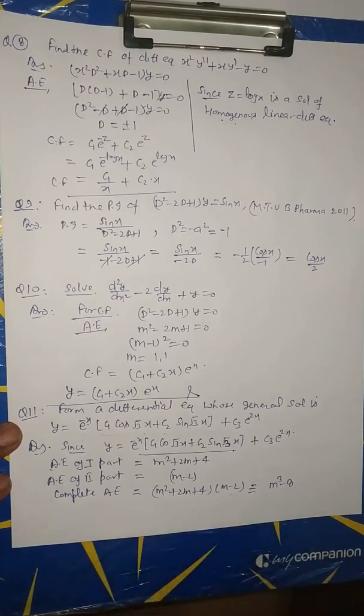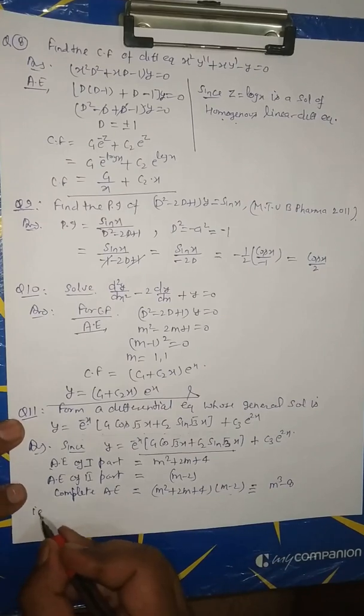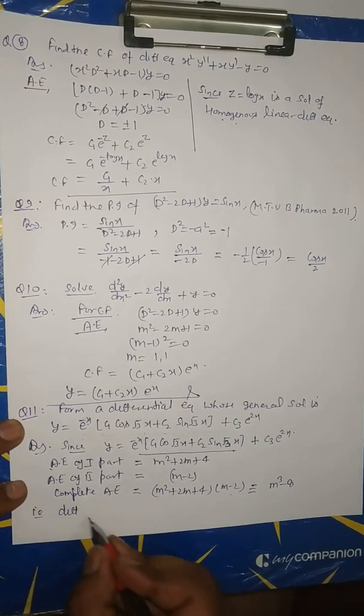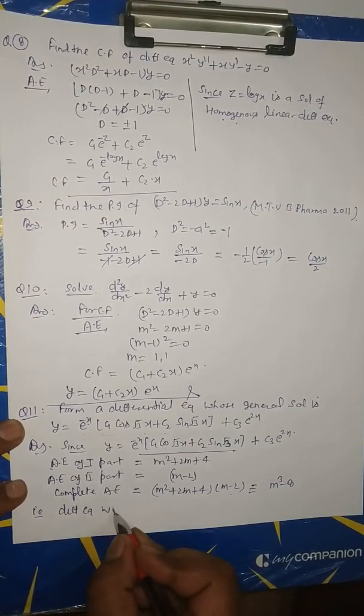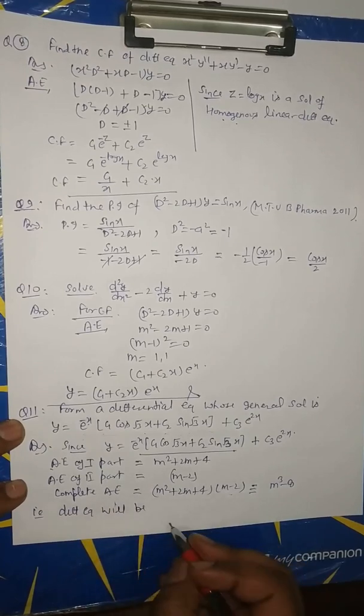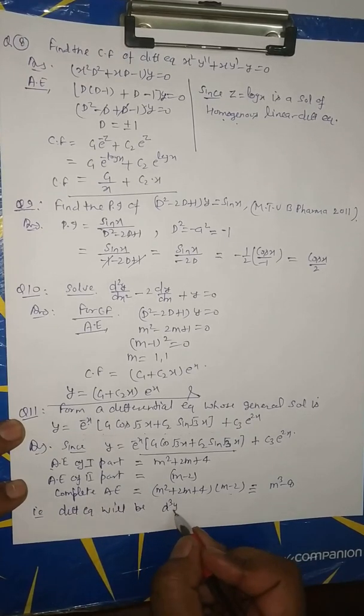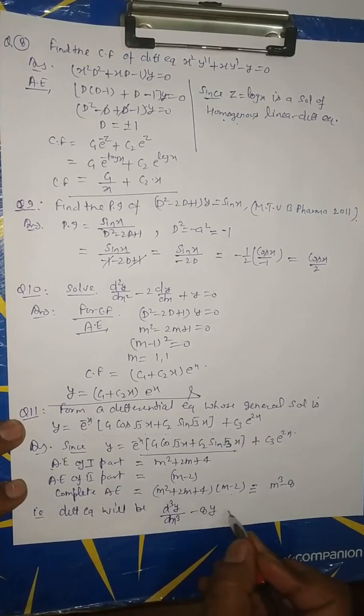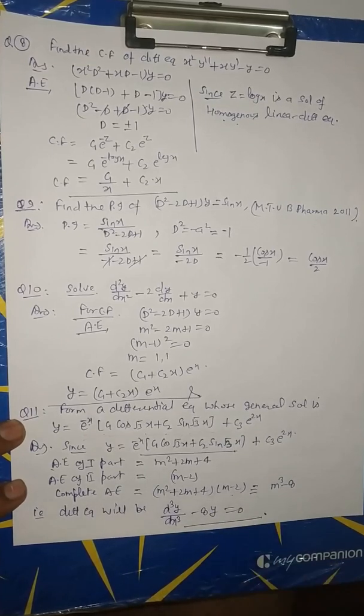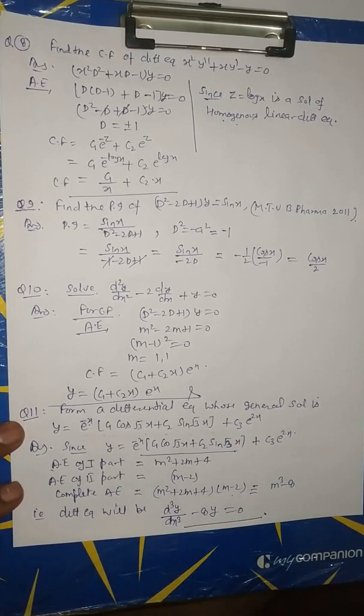Now we can write the differential equation: d cube y upon dx cube minus 8y equal to 0. Okay students, this is the complete solution.